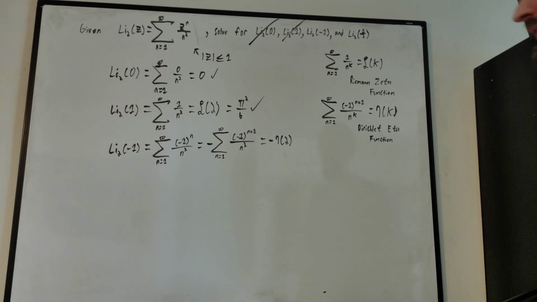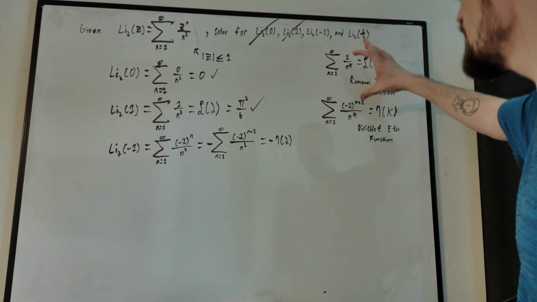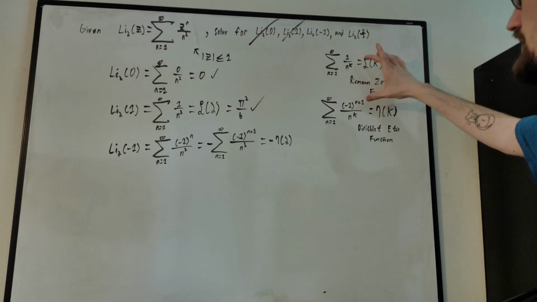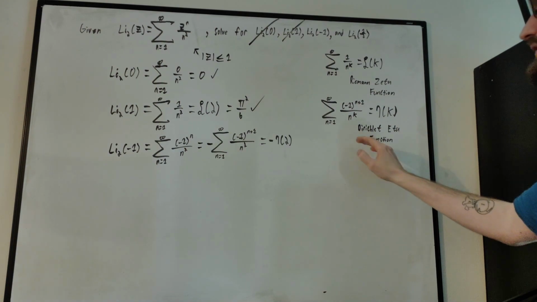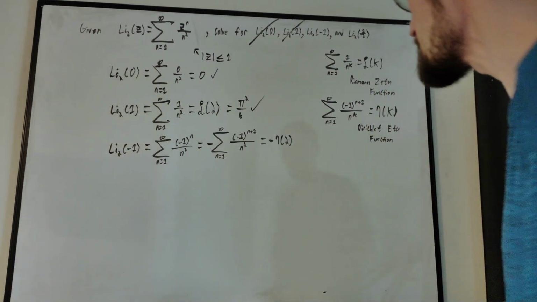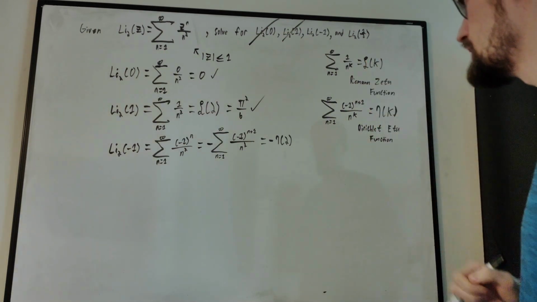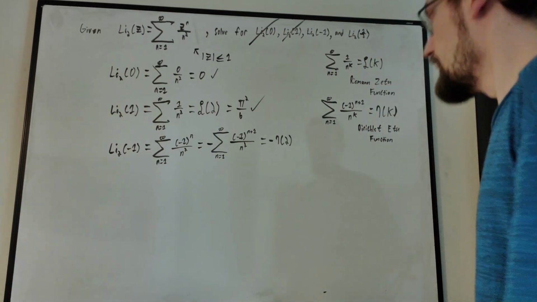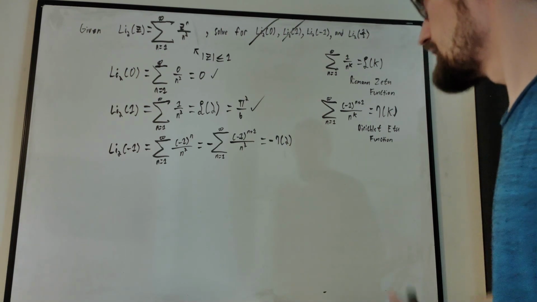So now that we have that, how do we calculate the Dirichlet eta function? Well, notice the similarities between these infinite series, namely the Riemann zeta function series representation and then the representation of the Dirichlet eta function. These are very similar except for the factor of that numerator there. But we have a relational formula between the Dirichlet eta function and the Riemann zeta function.